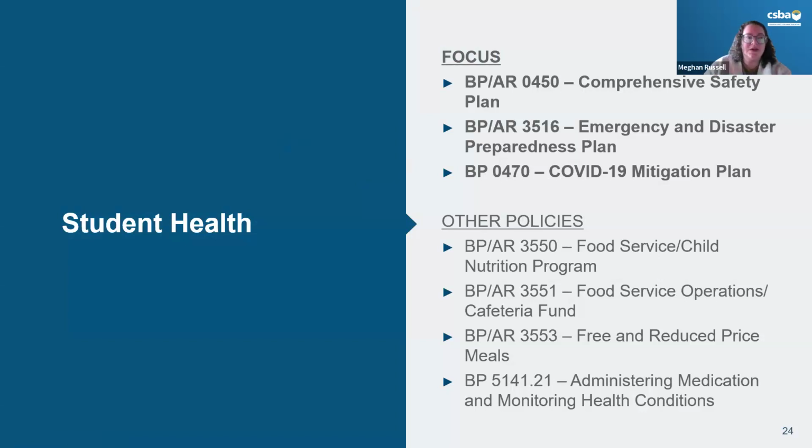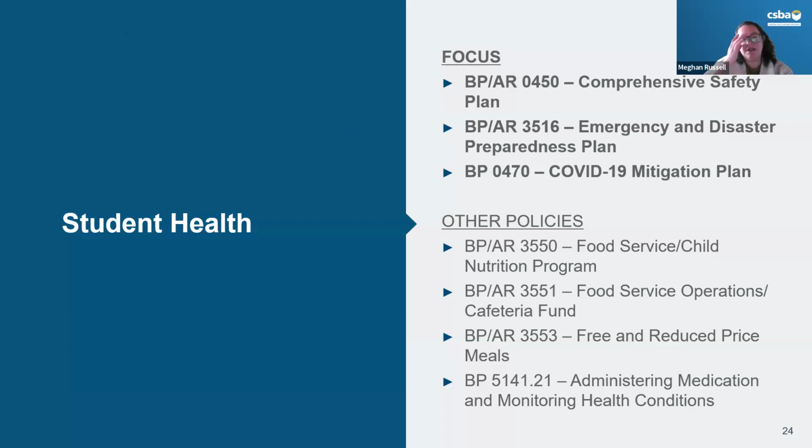Thanks, Barbara. So I'll be focusing this part of the presentation on student health policies. So we'll be focusing our discussion on these first 3 bolded policies, which include the Comprehensive Safety Plan, Emergency and Disaster Preparedness Plan, and the COVID-19 Mitigation Plan.